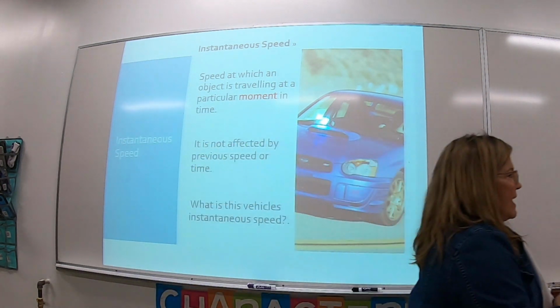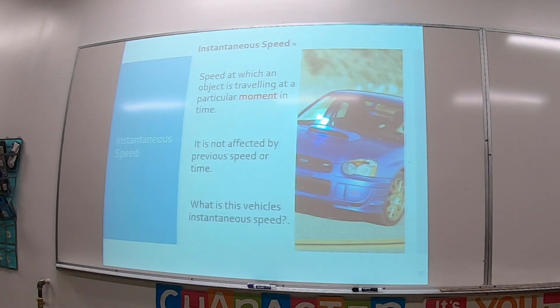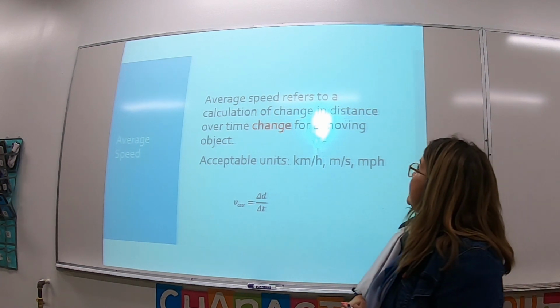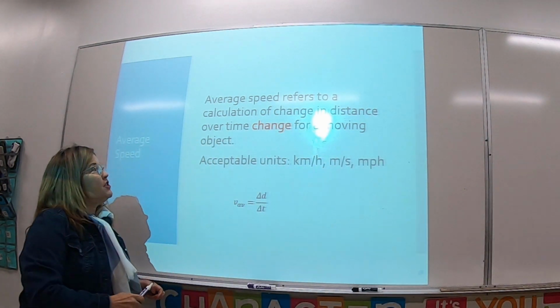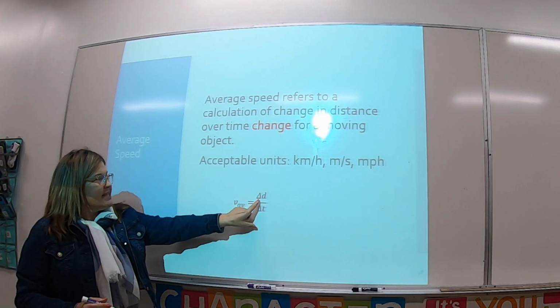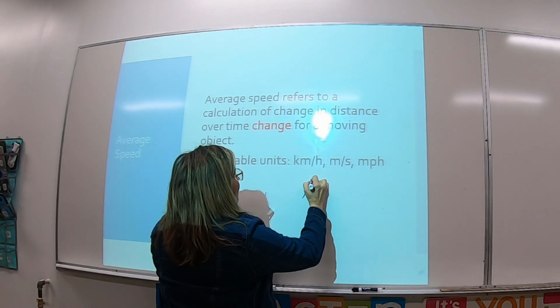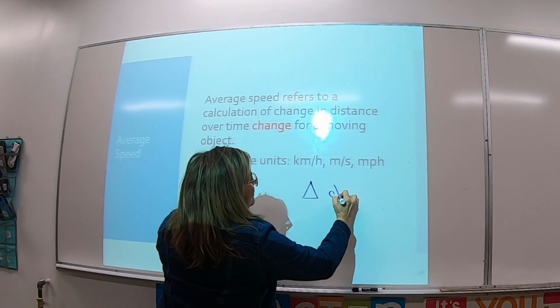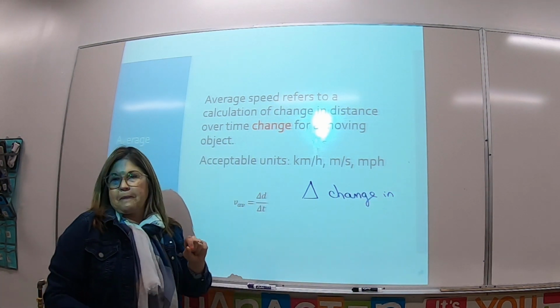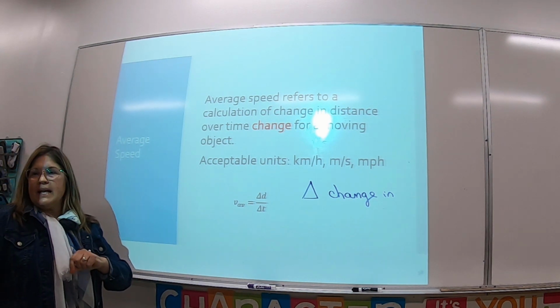Next one is average. If we're looking at average speed, it's the calculation of the change in distance over the change in time. This little triangle there always means change, okay? And you will see that a lot.